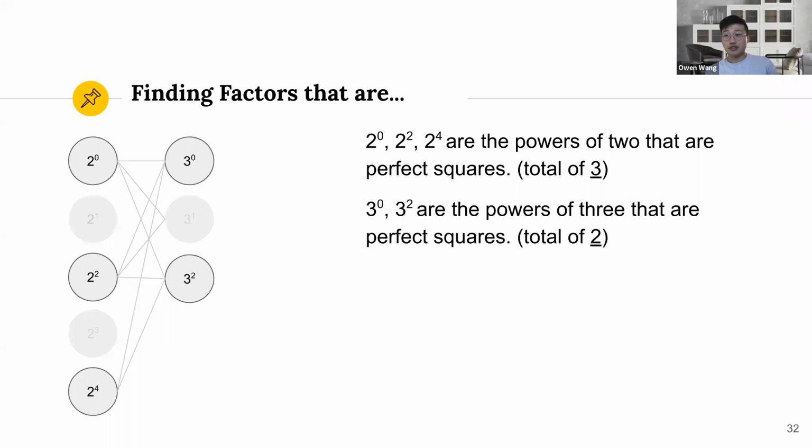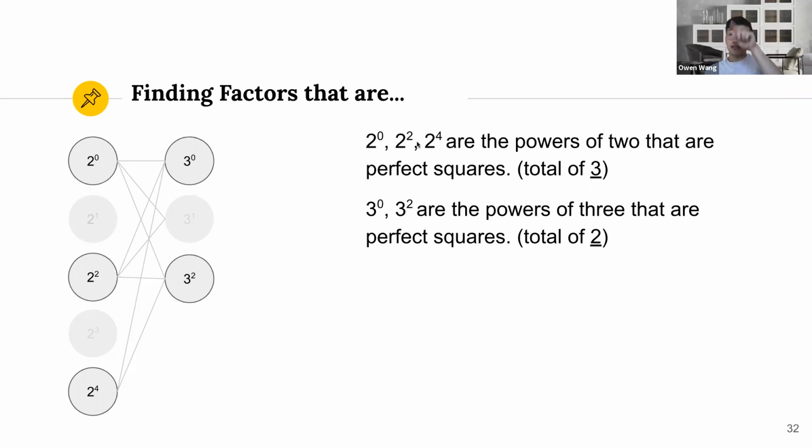If it's even, for example, we were crossing out 2 to the 0 because that would make something not even, and we're keeping the rest. If it's odd, we're crossing out everything below 2 to the 1, like 2 to the 1, 2 to the 2, because those would make it even. And when we're trying to find factors that are only perfect squares, we want to keep the tiles that have exponents that are a multiple of 2.